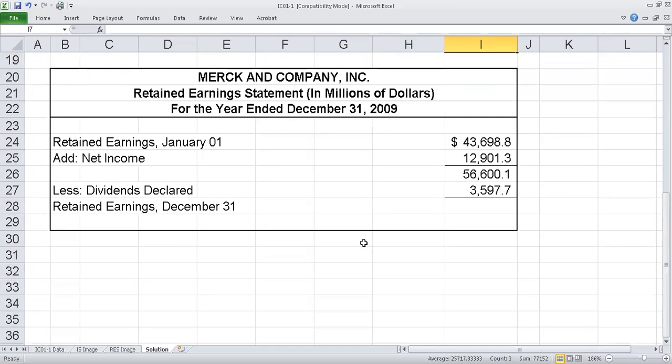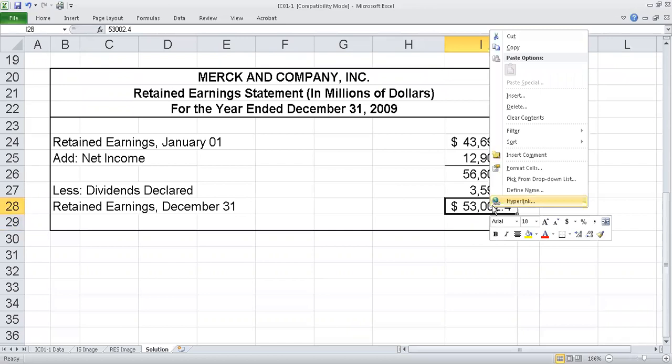Or you can think of it as the further to the right that you go, the more combined things are. All right. So our bottom line figure, 56,600.1 minus 3,597.7 gives us 53,002.4 in millions. So $53 billion of retained earnings.